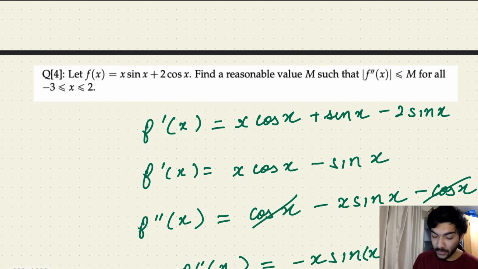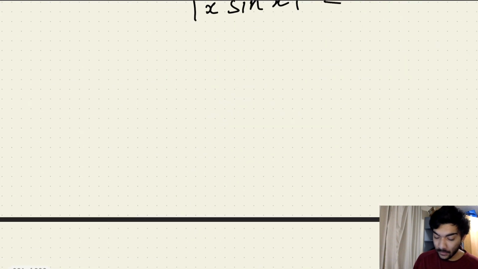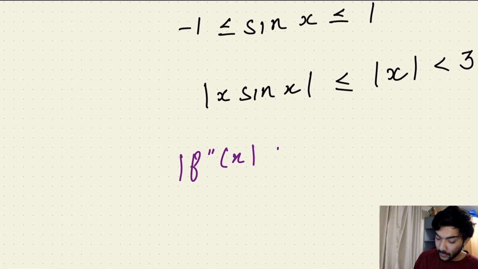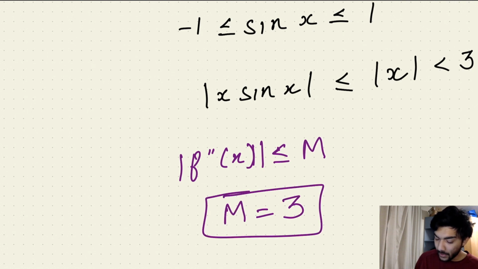So for this question, since we were calculating a reasonable value for this inequality to hold true, our m is equal to 3 based on what we discussed in this video.